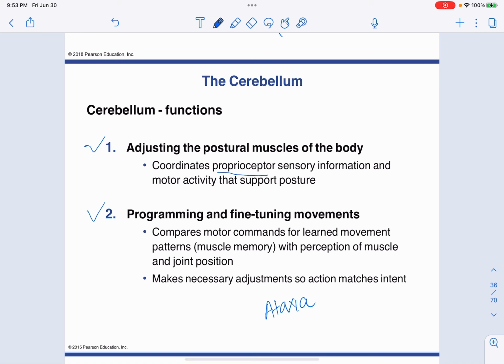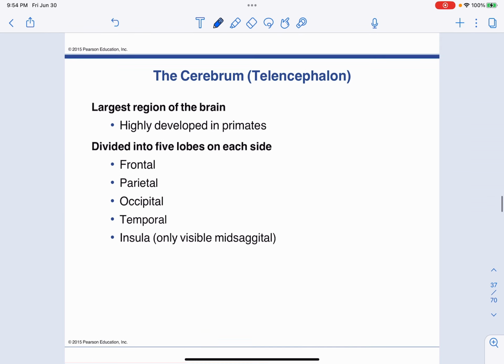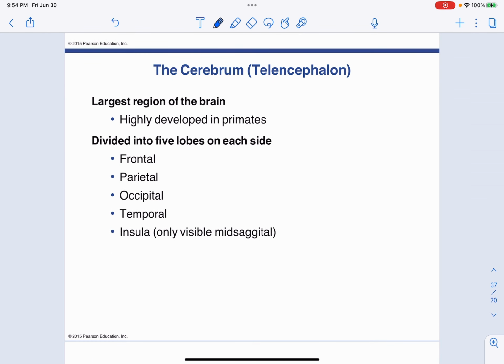All right, so I got ahead of myself a little bit before. Now we can move on to the final area of the brain, which is the cerebrum. So modern humans, most advanced vertebrates, this is the largest region of the brain. And so in humans, it has expanded beyond any other species.